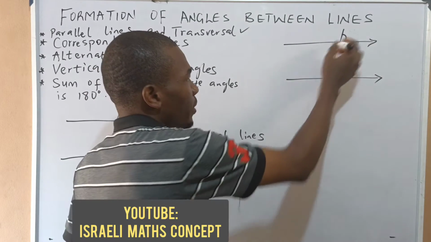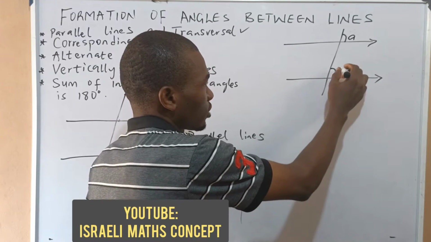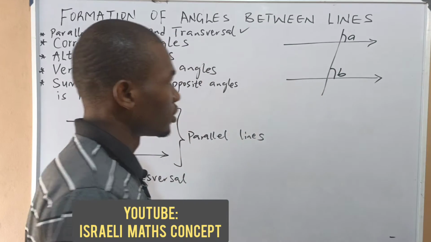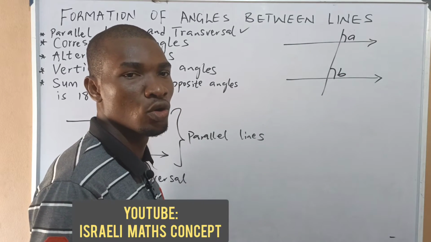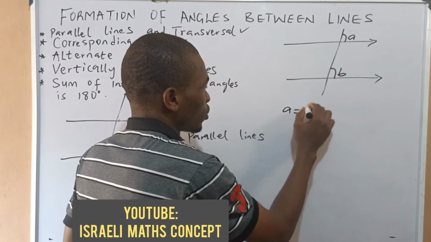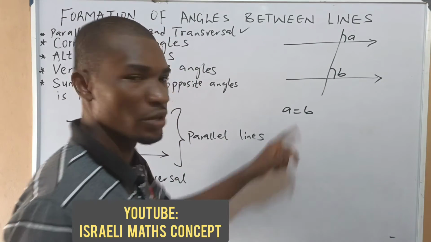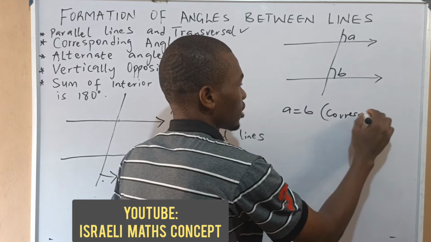Let's assume we label this angle A, and we label this second angle, angle B. Angle A corresponds to angle B. Hence, we say that A is equal to B. And what is the reason behind it? The reason is that they are corresponding angles.